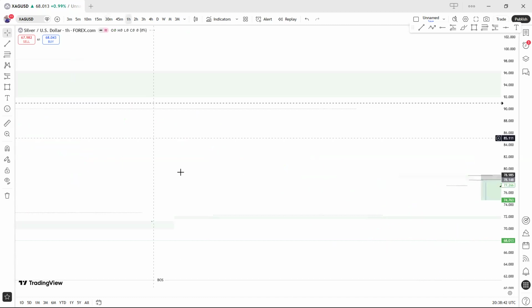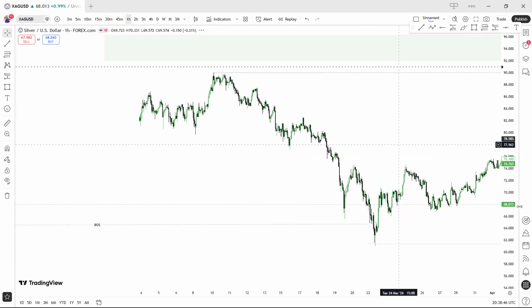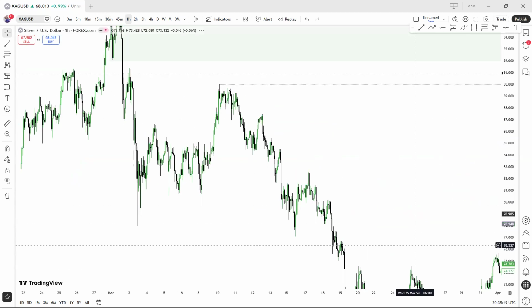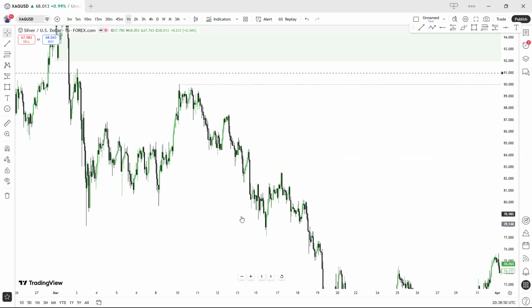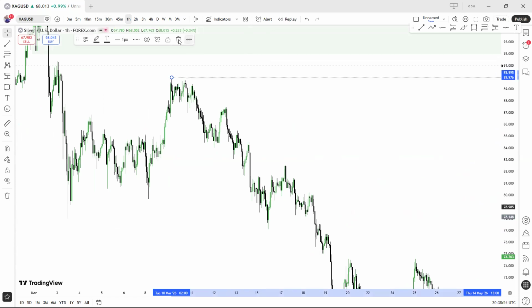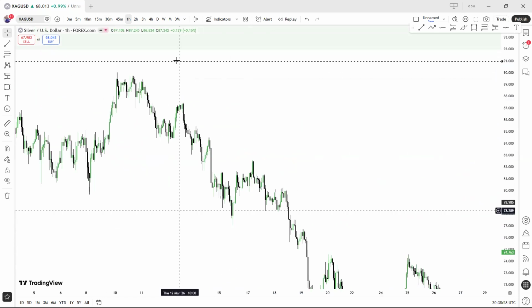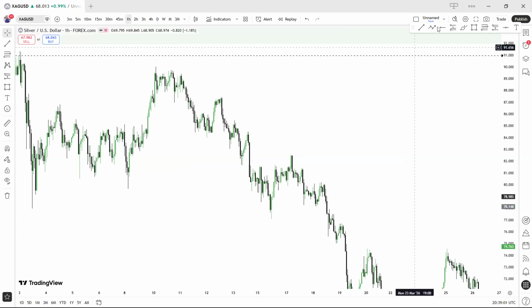It's the 1 hour back to 30 minutes. Okay, so from the concept, what happened there was that this is the zone I'm interested in. This is what happened here.